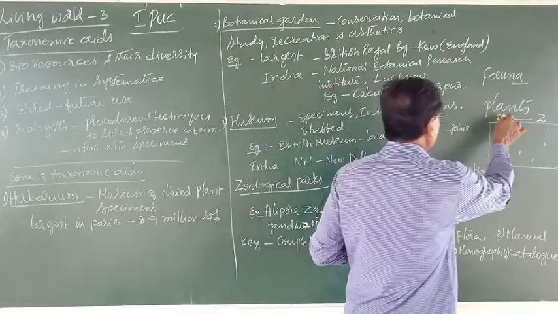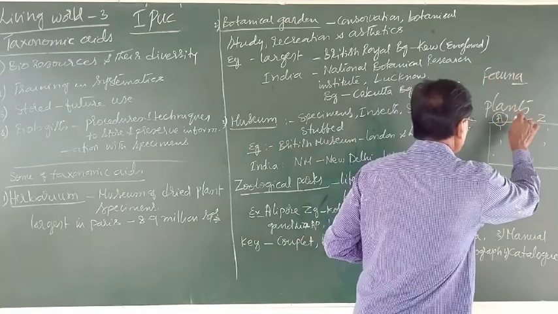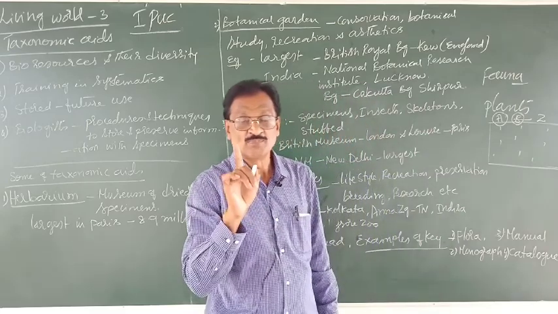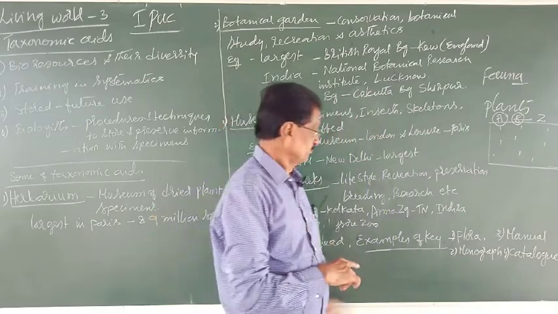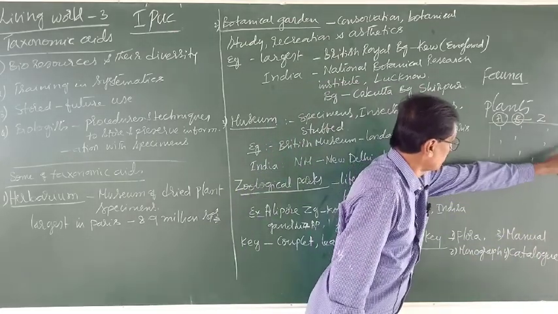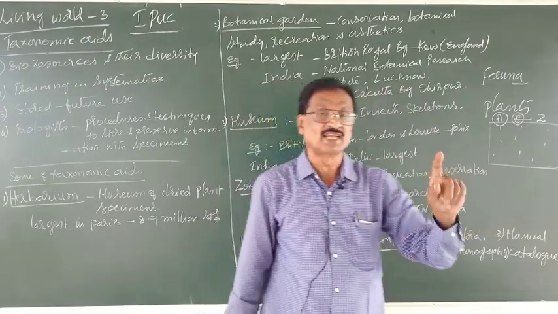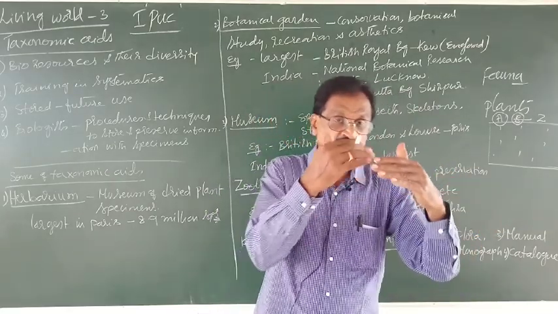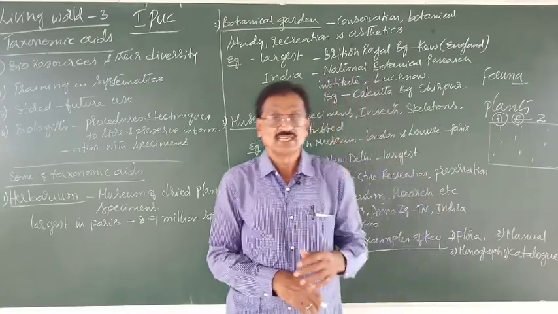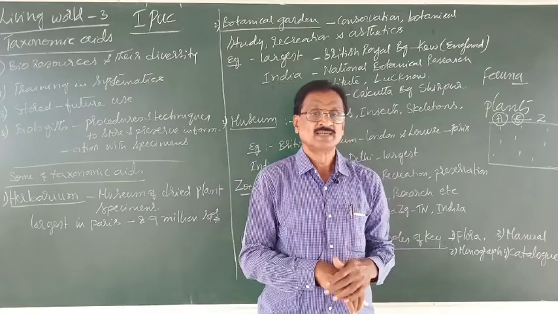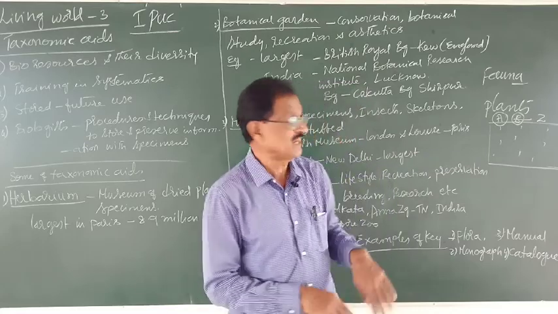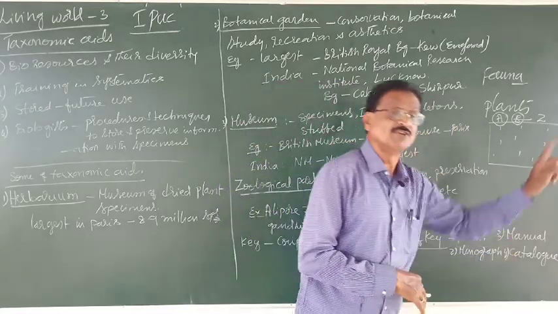Say, if you study only A or only B species in that area, then it is called monographs. Then manual. After studying all the plant species found in that given area, whatever information you obtained is to be recorded. That recorded information of the plant species found in a given area can be referred to as manuals.